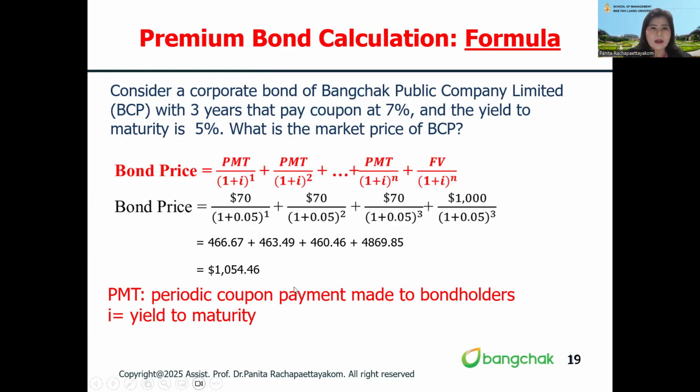So in year 1, you give the power 1. In year 3, you give the power 3, to calculate the present value of each cash flow in the future. So what does this mean? You need to calculate the present value of the cash flow number 1, the cash flow number 2, and the cash flow number 3.